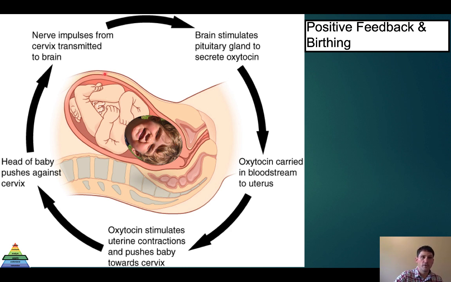So around the child is the uterus here, and smooth muscle, and those muscles then contract and they push the baby's head onto the cervix. That stretches the cervix, it transmits to the brain, it releases more oxytocin, goes to the uterus, and we get more contractions, which causes more stretching, and then eventually that baby is pushed out, and then the body can return back to its normal state.